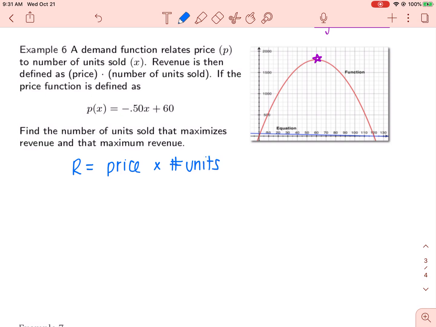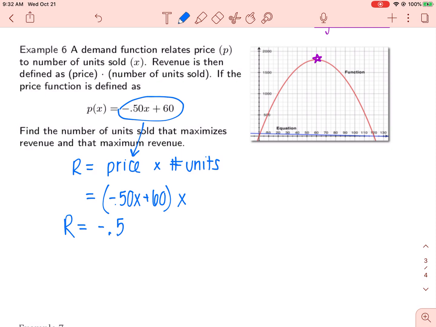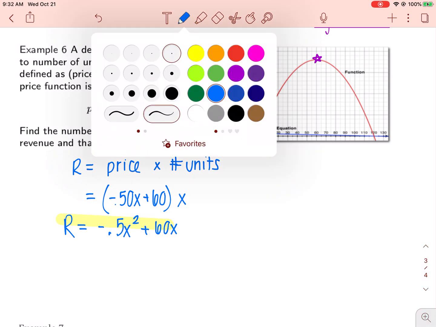We took our value right here, plugged it in for price, negative 0.50x plus 60, and x is the amount of units sold, so we just times it by x. So my revenue function that we found from before is as so. This is review. Now we just want to find the max.